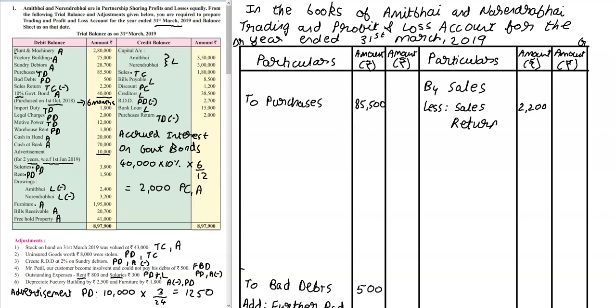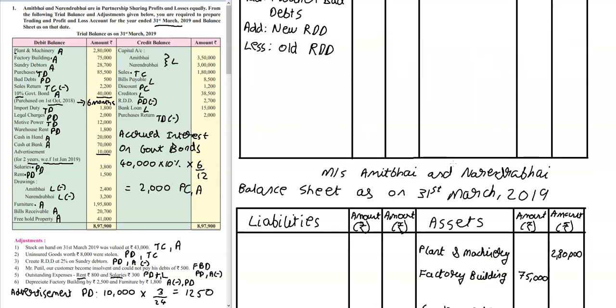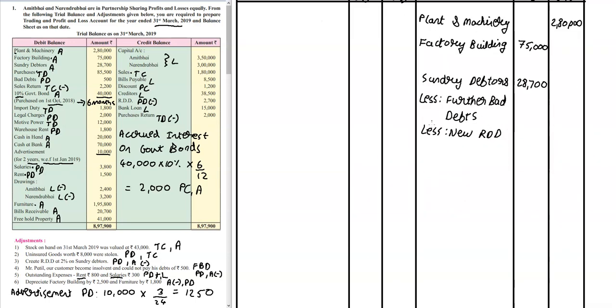Next, we have 10% government bond. That is in the balance sheet. So I'm going here, 10% government bond, and the 10% government bond is worth 40,000.